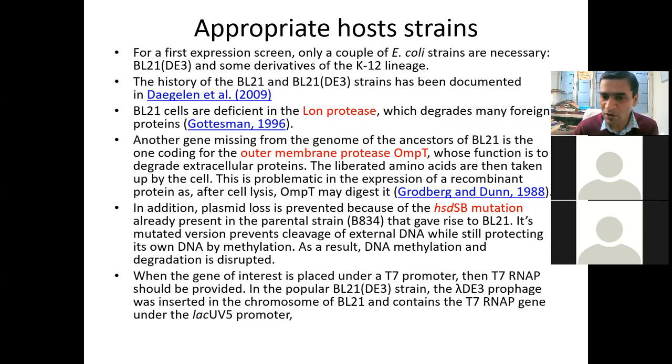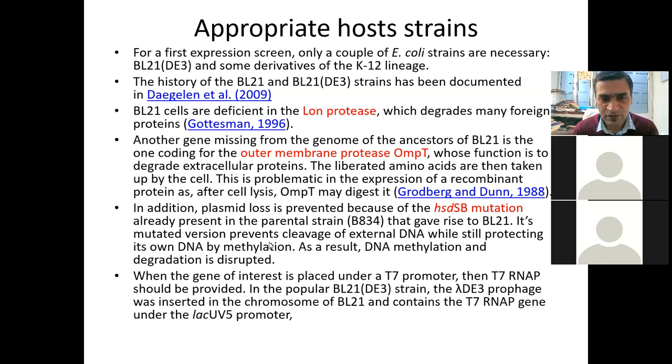To avoid this chopping off of our plasmid DNA, there should be a mutation in certain genes, and that is the hsdSB mutation. This is a very important mutation to be present in the host cell. This is already present in the parental cell line, B834, that gave rise to BL21. So BL21, coming from B834, had already a mutation in the hsdSB. Because of this mutation, it will not be able to degrade your DNA.